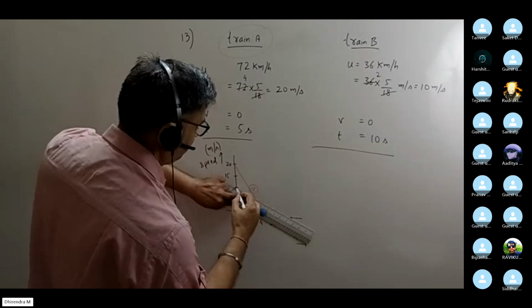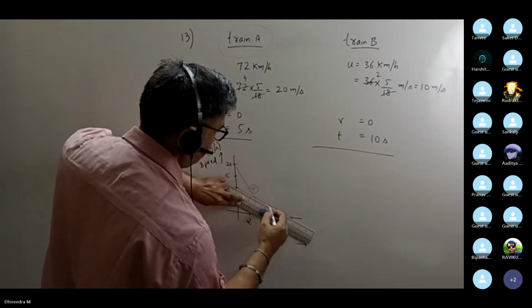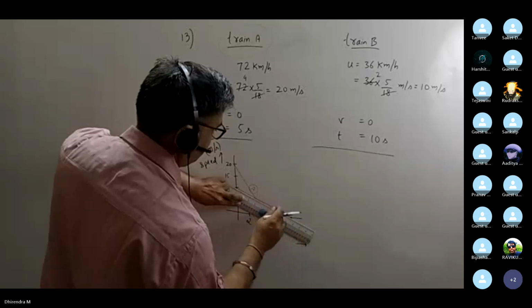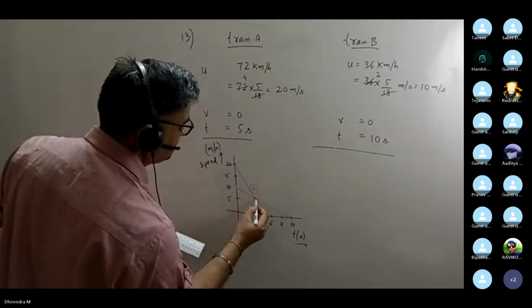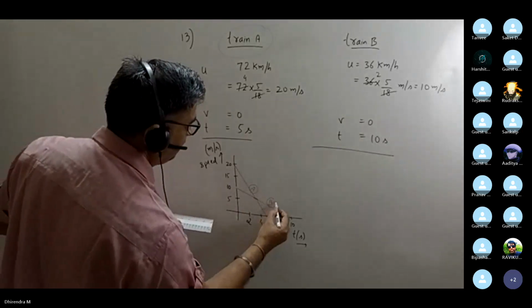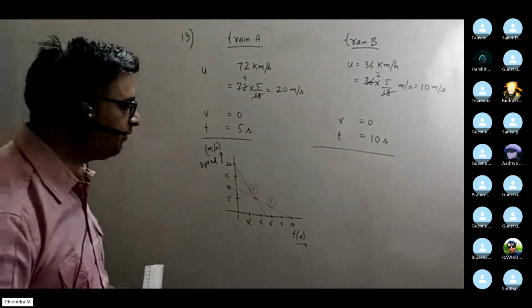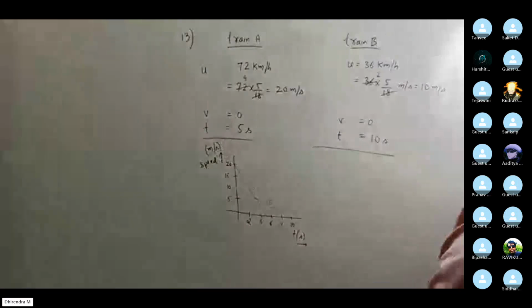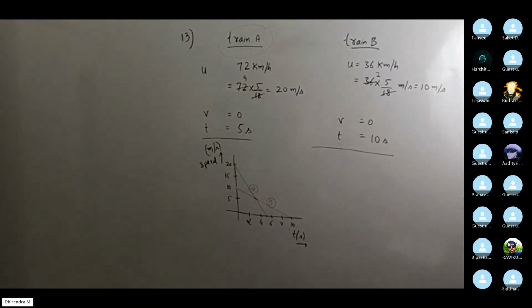This train is slow and takes more time to stop. Don't draw graphs like I'm drawing, make it clean. Absolutely clear how these graphs represent the motions of trains A and B respectively.